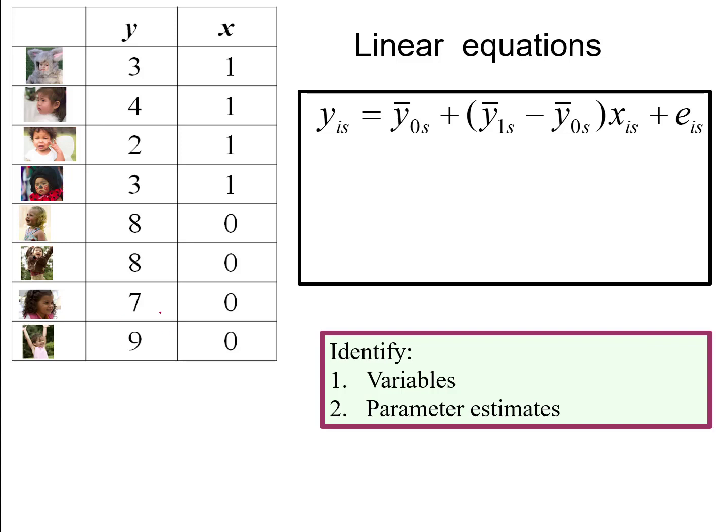So putting it all together, we have the actual score on y for individual i from sample s.